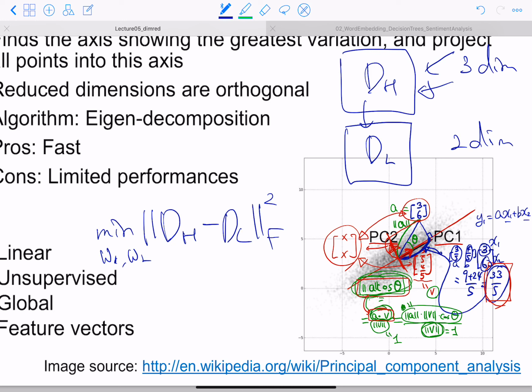In this case, the solution for this minimization problem is obtained as the two largest eigenvectors from this covariance matrix eigen decomposition result.